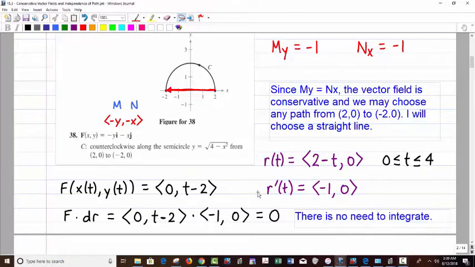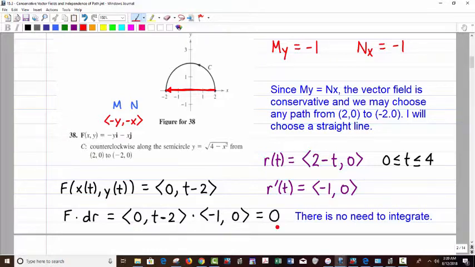All right. So now we substitute. We already have r prime right here. There's your dr right there. So this is the F dot dr. So we have negative y, negative x. I go right back up here. Well, negative y will just be 0, and the negative of 2 minus t would just be t minus 2. So I do the dot product.